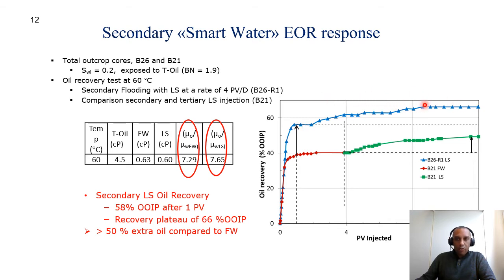The ultimate oil recovery is around 66%. In addition, after 1 pore volume, our recovery factor is approximately 58%. So this is 50% more oil than what we produced with formation water. These results were very encouraging. Therefore, the order of injection is crucial when planning an EOR project.